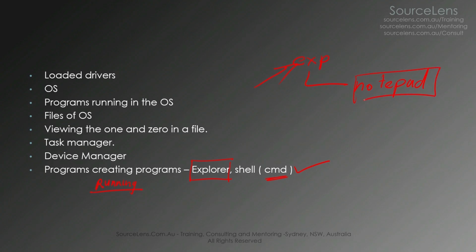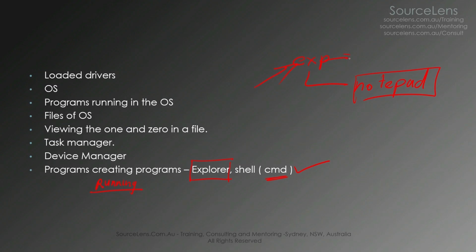The answer is no. If you want, you can try it yourself. It won't die. But there is an option in tools like Process Explorer, Kill Process Tree. If you right-click and kill process tree, everything underneath it will go, including this Notepad. But normally, if you simply kill Explorer, it won't go. Same with the command prompt as well. All right, any questions?